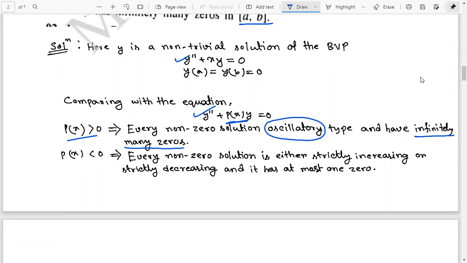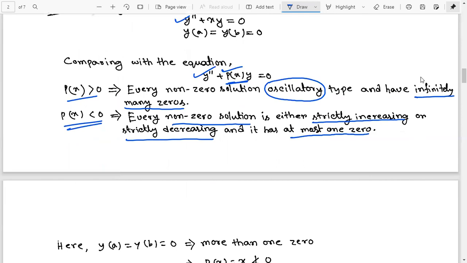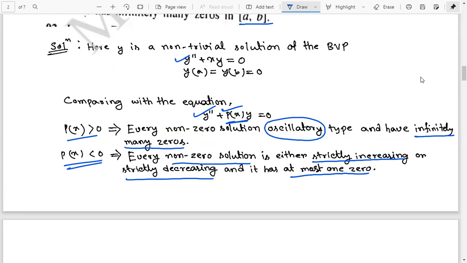And if this p(x) is negative, then the non-zero solution will be either strictly increasing or strictly decreasing, and it will have at most one zero. Now check that here it is given y(a) equals y(b) equals 0. That means the solution has more than one zero. Here a and b are zeros of y.